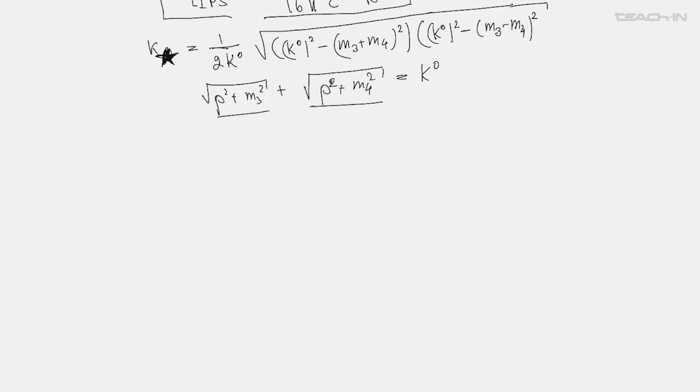But this is not the end of the story, because I'm driving myself to the quantity called invariant cross-section. Invariant means Lorentz invariant: a cross-section whose value does not depend on the Lorentz frame in which you consider it.